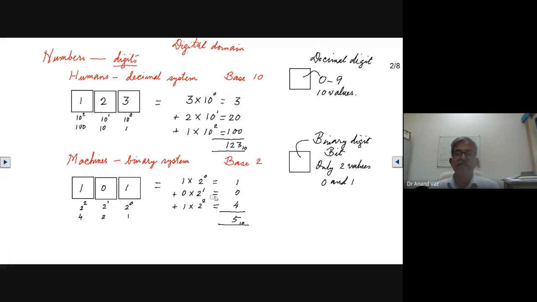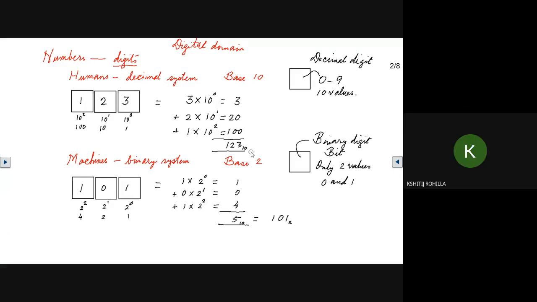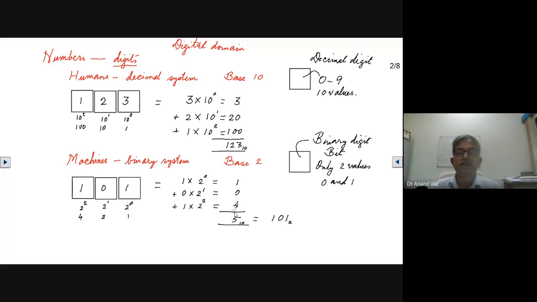So 5 is actually equal to 101 in the binary domain. The suffix 10 is representing the system. It is the decimal system. This is the binary system. Just to distinguish, that's all.